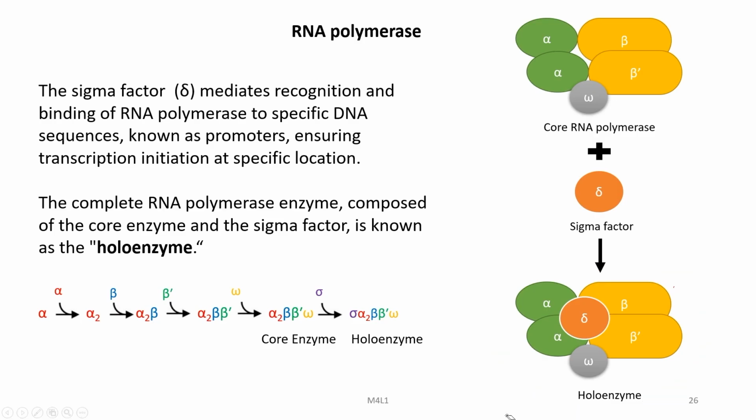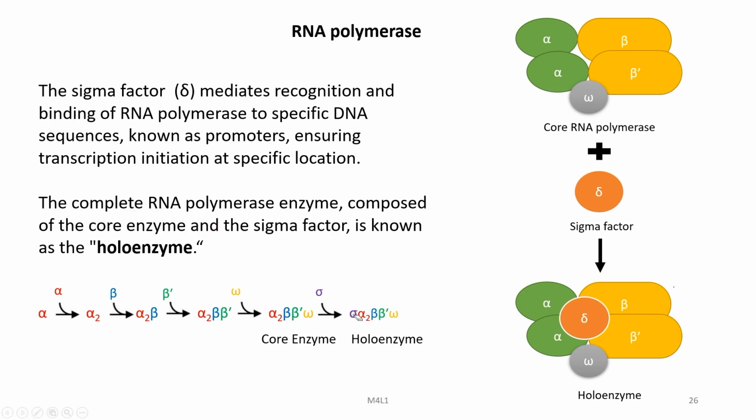The sigma factor mediates recognition and binding of RNA polymerase to specific DNA sequences known as promoters. So, this will be binding to the promoters, and this will ensure transcription initiation at the correct and specific location.